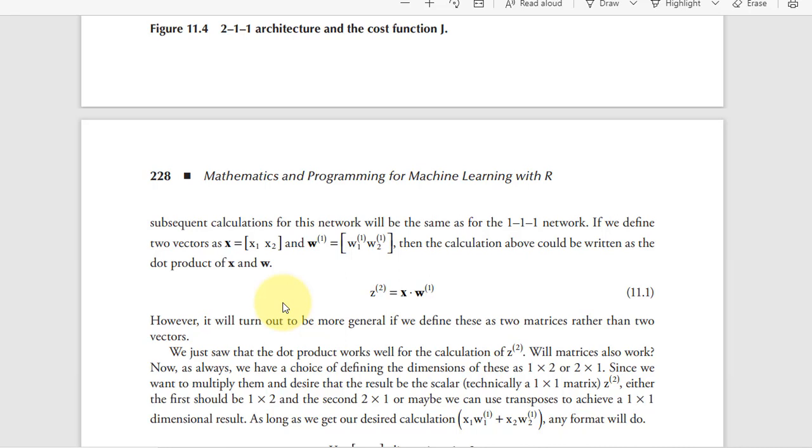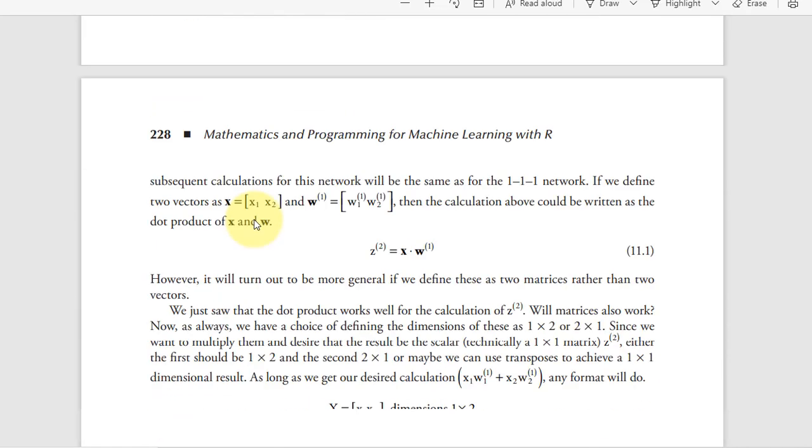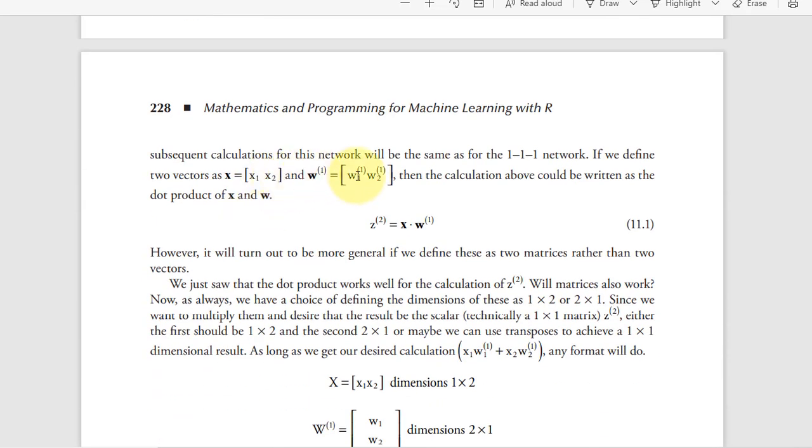So if this is the x and this is w1, and we take their dot product, we get exactly what we want. So Z2 here is the dot product of this vector and this vector.